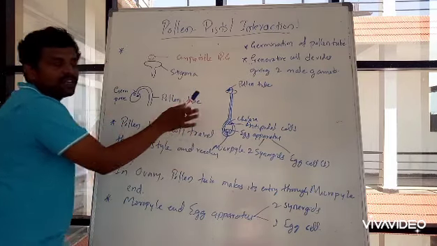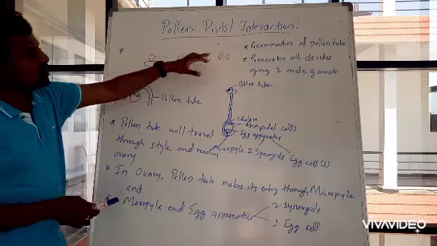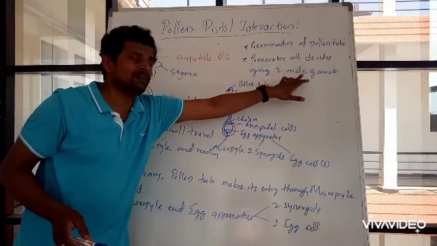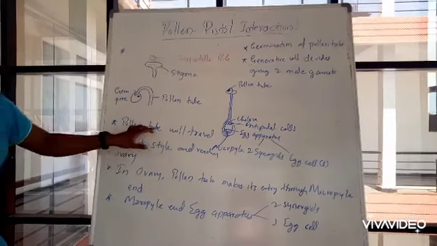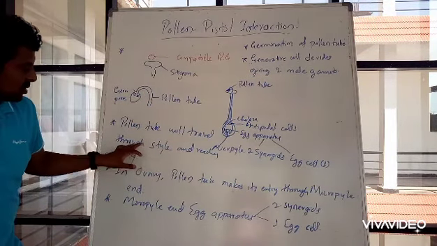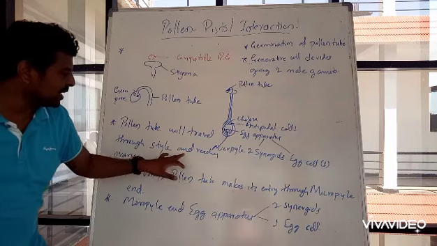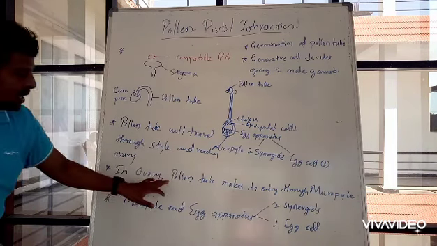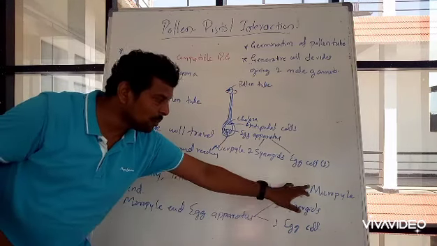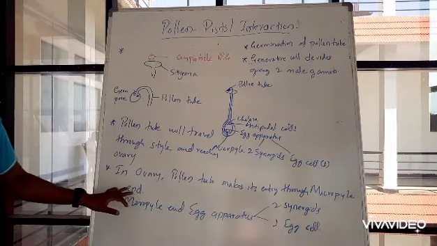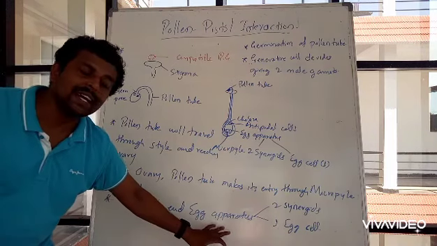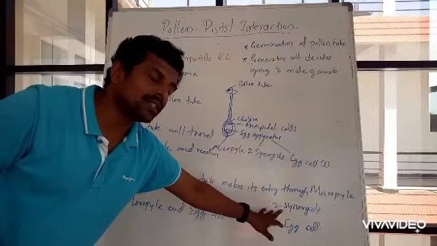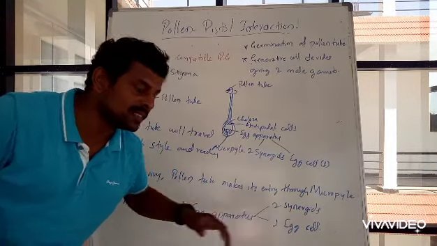There are different events, right? The first one is germination of pollen tube, then the generative cell divides giving two male gametes, and the third one is the pollen tube travels through the stigma, through the style and reaches the ovary. Inside the ovary, the pollen tube makes its entry through the micropyle end, and through it reaches the egg apparatus. The egg apparatus has two synergids and one egg cell.